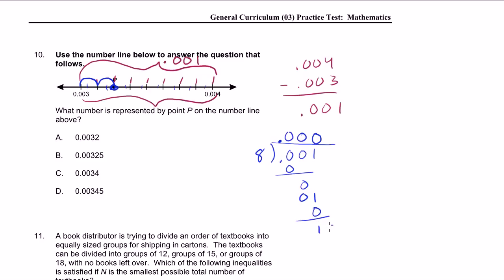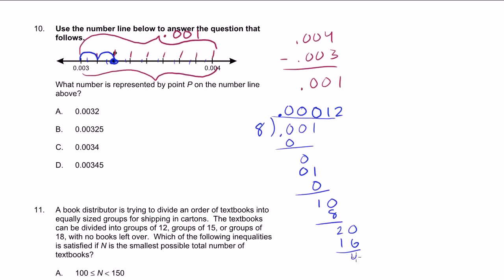Bring down the 1. You could bring down another 0. And now it gets interesting. 8 goes into 10 1 time. 1 times 8 is 8. 10 minus 8 is 2. Bring down a 0. 8 goes into 20 2 times. 2 times 8 is 16. 20 minus 16 is 4. Bring down another 0. 8 goes into 40 5 times.